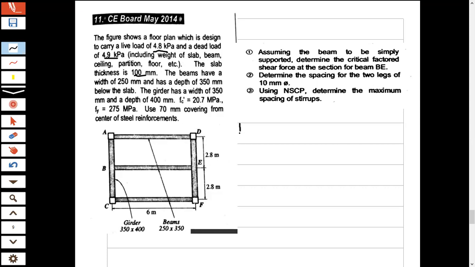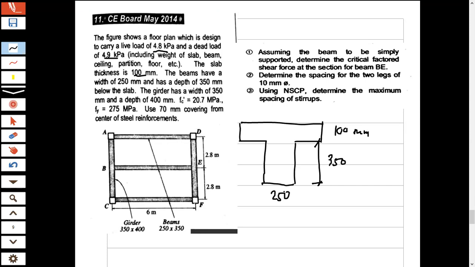So ibig sabihin, beam nito, ganyan. Okay. Ito yung 100 na thickness ng slab. Ito naman yung beam na below daw. Ano? Na 350 and then you have here 250. Okay. The girder has a width of 350 millimeter and a depth of 400.